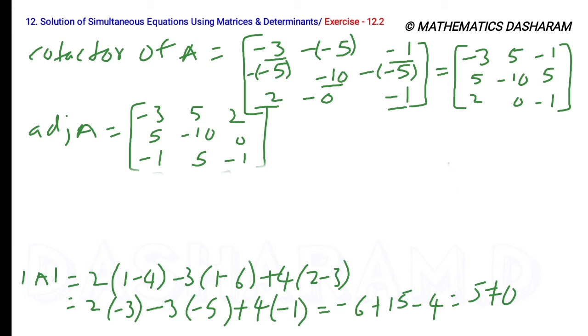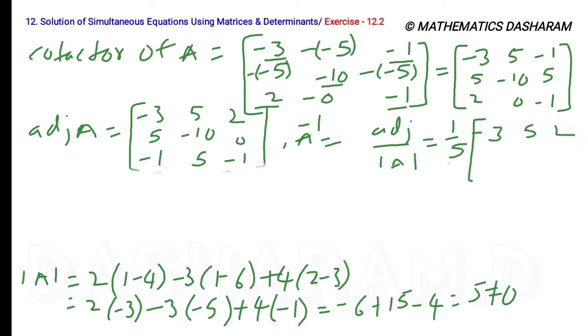A inverse equals the adjoint matrix divided by mod A. So then it is equal to, mod A value 5, so 1 by 5 into minus 3, 5, 2, next 5, minus 10, 0, next minus 1, 5, minus 1.